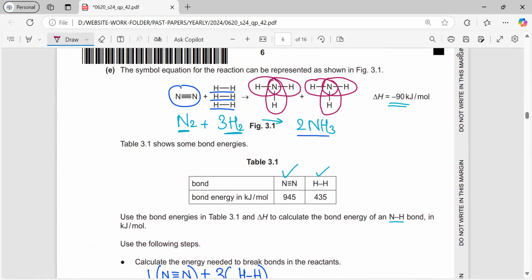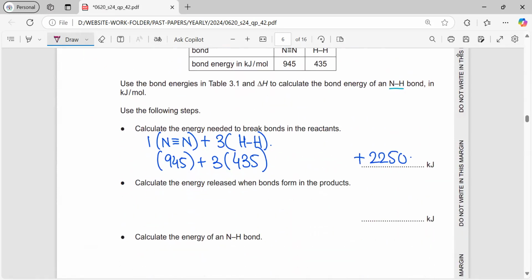So it means in 2 molecules of ammonia, there will be 6 N-H bonds. What we'll do here to calculate: these are the reactant energy, positive 2250, and the product bonds are 6 N-H.